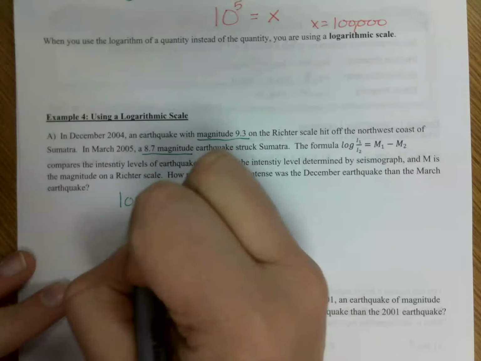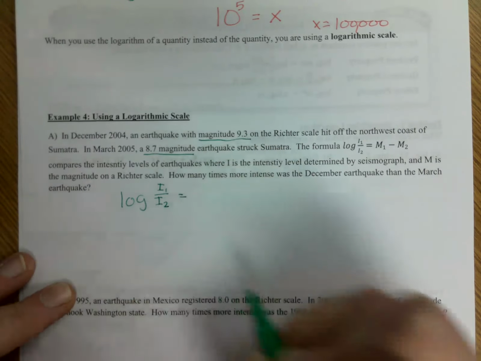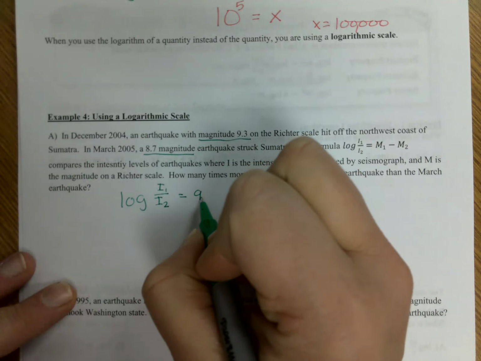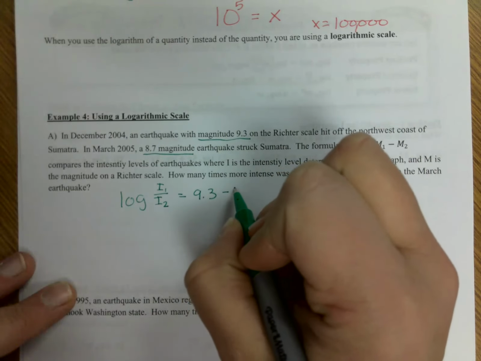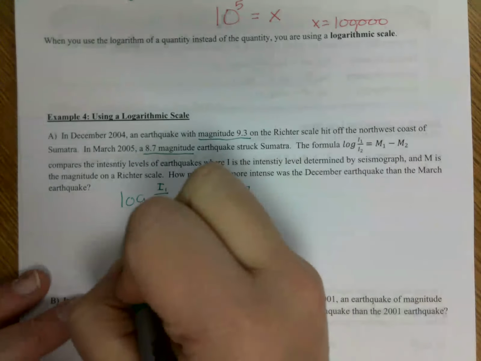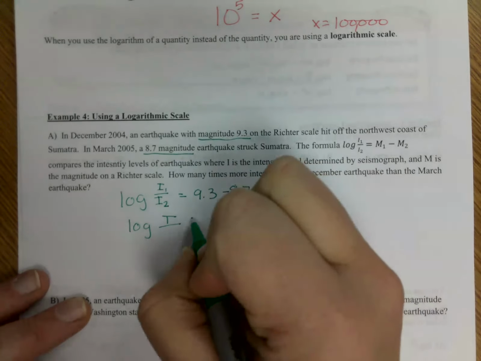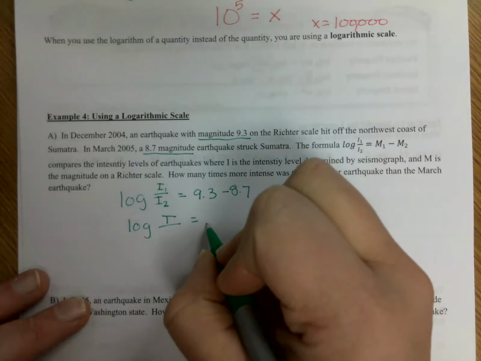So log of, I don't know what this is, I have to figure that out, is equal to my M1, so 9.3 minus 8.7. What this is asking for is the intensity. So I'm just going to write big I right there. 9.3 minus 8.7 is 0.6.